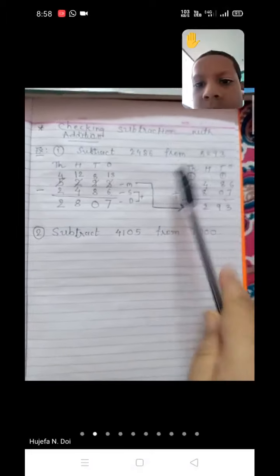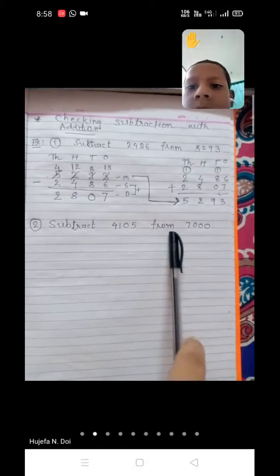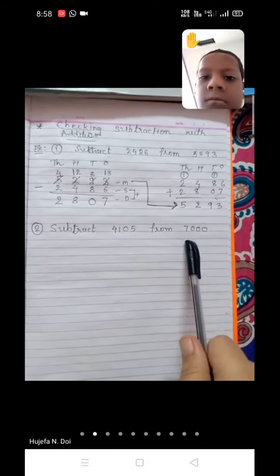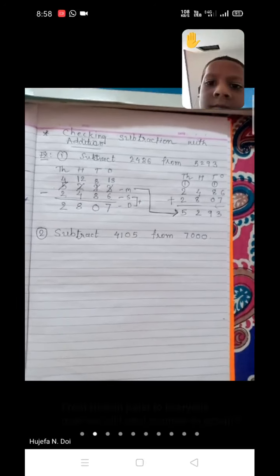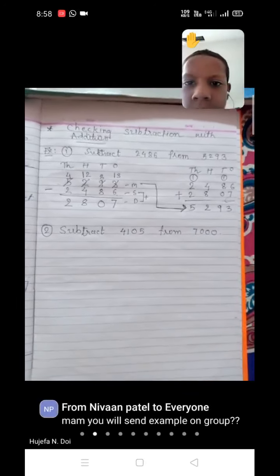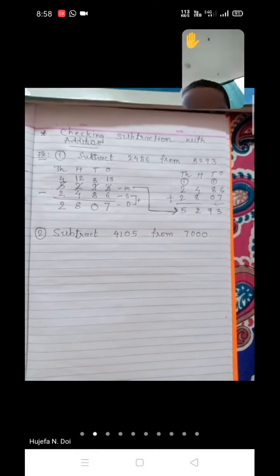If you are done with the first one, try the second one. Subtract 4105 from 7000. And don't ask me one question every time.